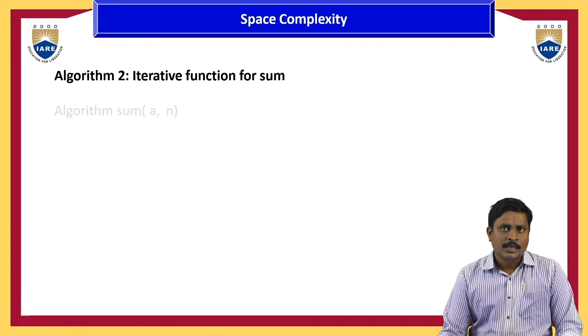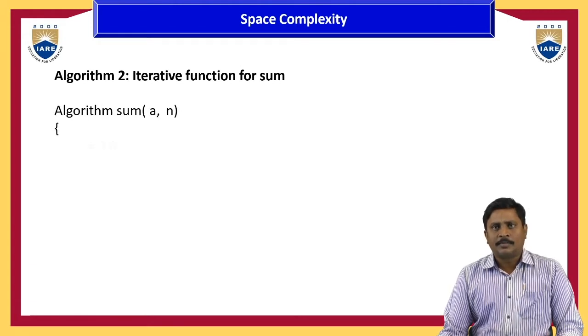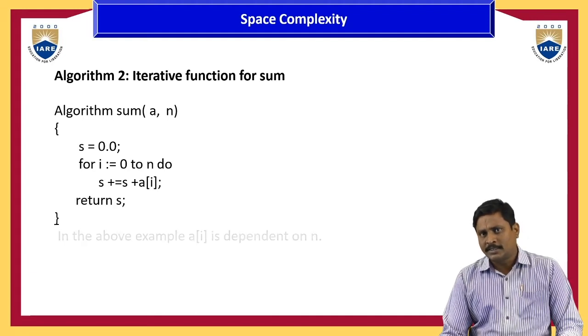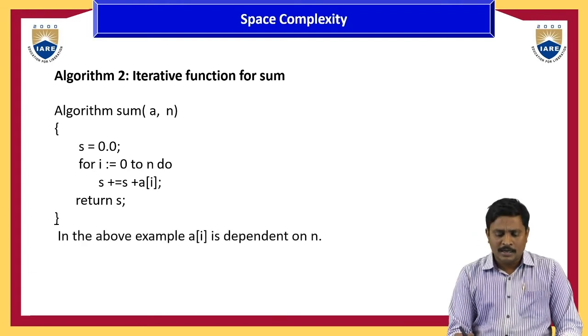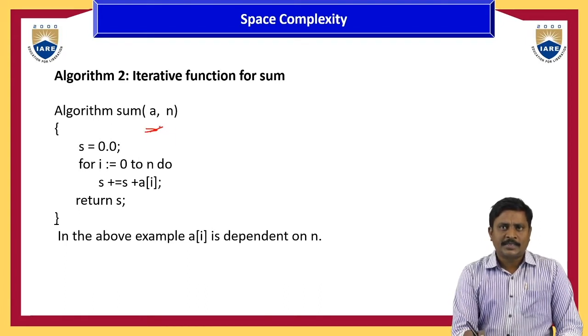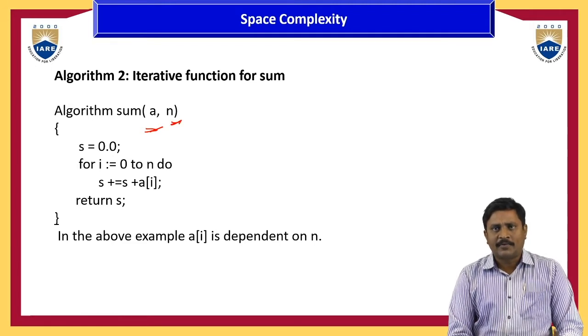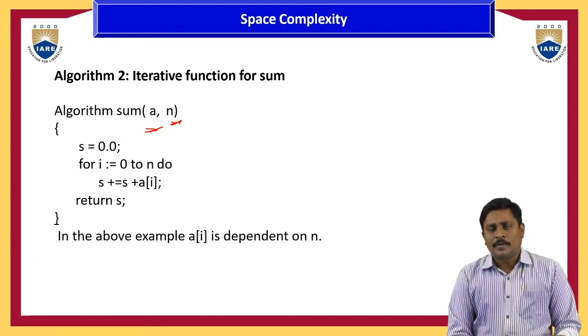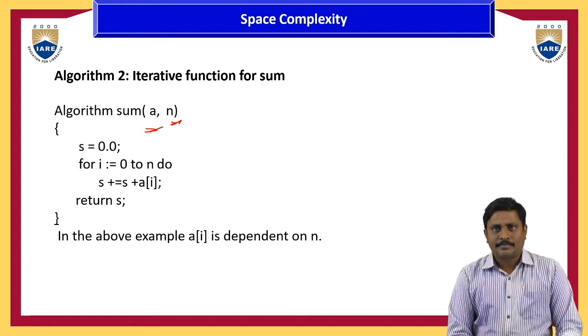Next we see another algorithm: finding the sum of n numbers. In this algorithm, Sum(A, n), A represents an array of size n. We enter n elements in that array, add all the n numbers, and print that sum value on the screen.